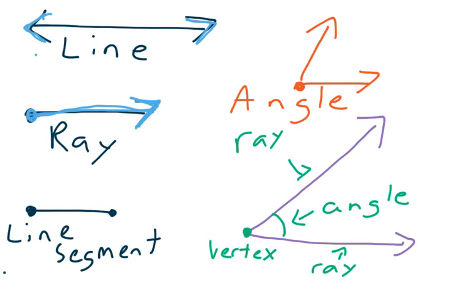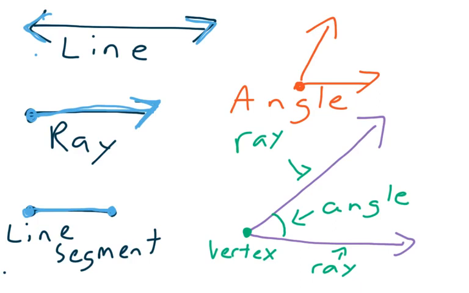But then we also have this thing called a line segment. Basically a line segment is just two dots with a line in between. So it is a segment of a line. It's like you take a piece of a line and put two dots on it. The reason we have to talk about this before we get into angles is because all of these things are parts of angles.